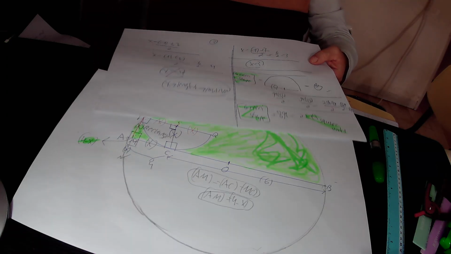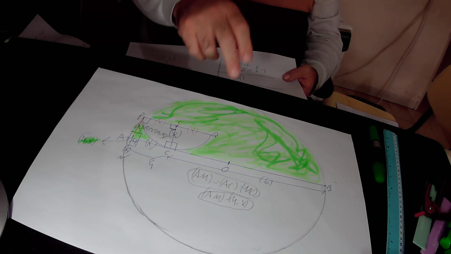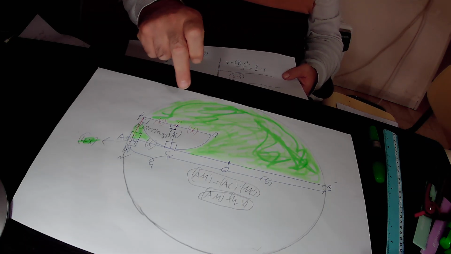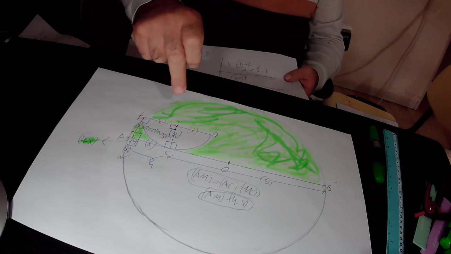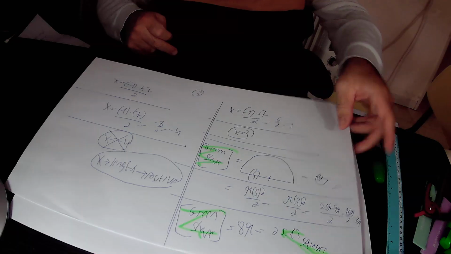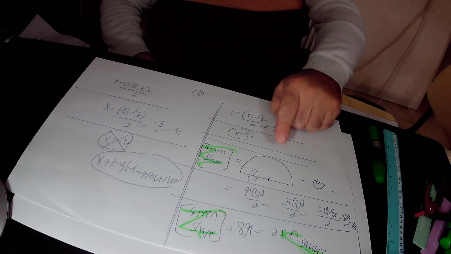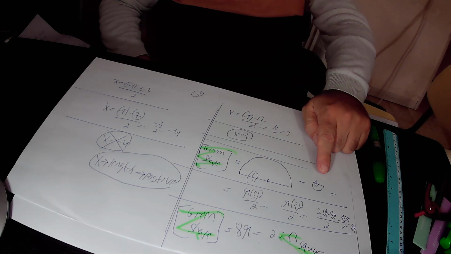Our task is to find the area of this green shape. From the drawing, it is very easy to see that the area of this green shape equals the area of the big semicircle minus the area of this small semicircle. To repeat, the area that we are looking for in this question, that is the area of the green shape, is equal to the area of the big semicircle minus the area of the small semicircle.